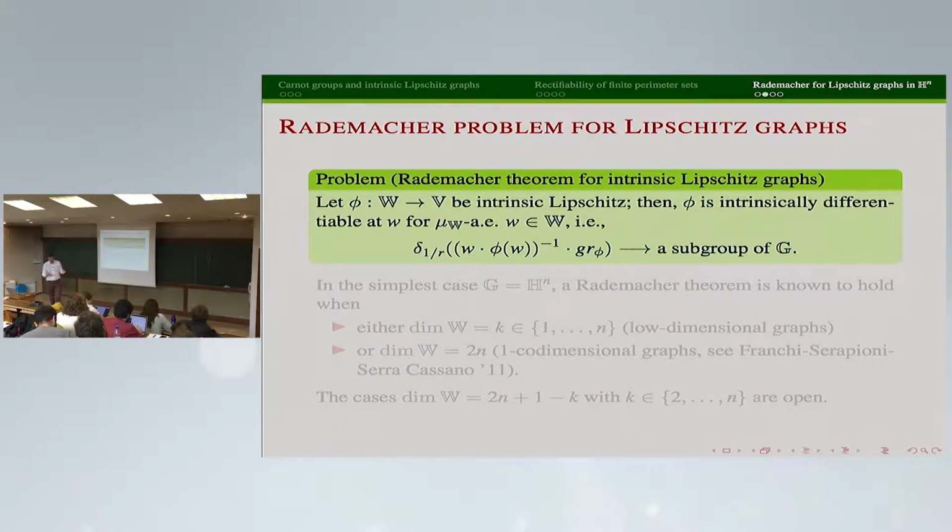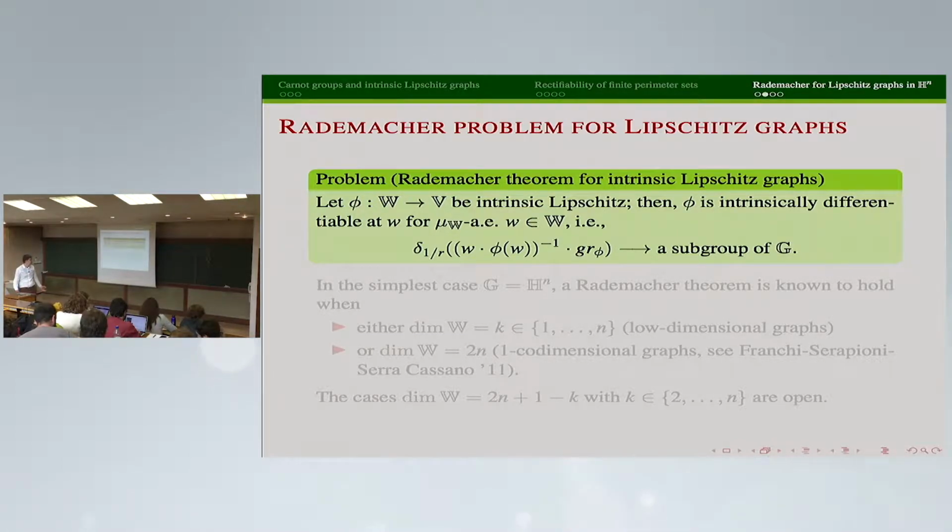So when you consider the splitting of Rn as Rk times Rn minus k, you would like the blow-up of the graph to converge to some Rk. Good? And the Rademacher problem asks whether an intrinsic Lipschitz function phi is intrinsically differentiable, in this sense, almost everywhere on W. This mu W is either the Haar measure of the group W or whatever Riemannian measure you put on it.